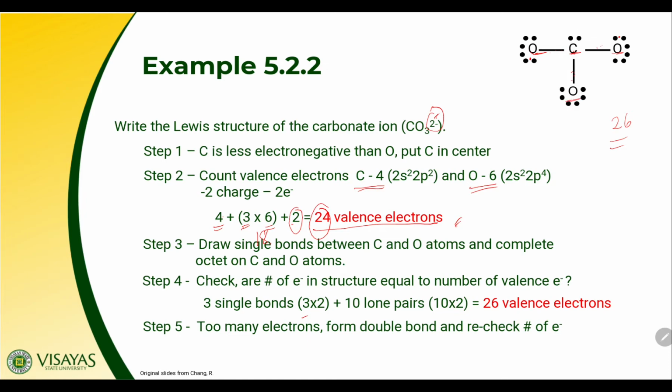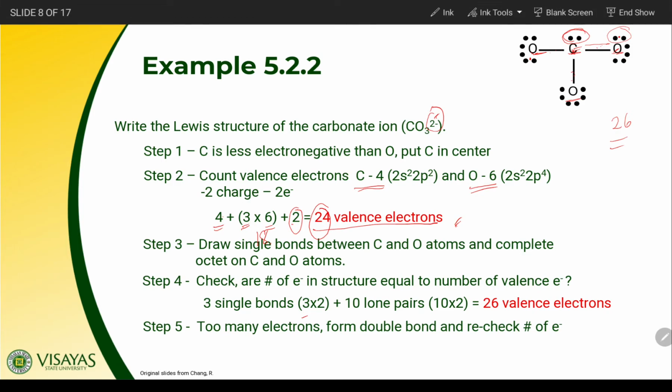So we could form it in any of these 3 bonds. So for example, we will form the double bond between this carbon atom and this oxygen atom. What we do is we remove a lone pair from each. We remove a lone pair of this and a lone pair of this, and then we form our double bond.